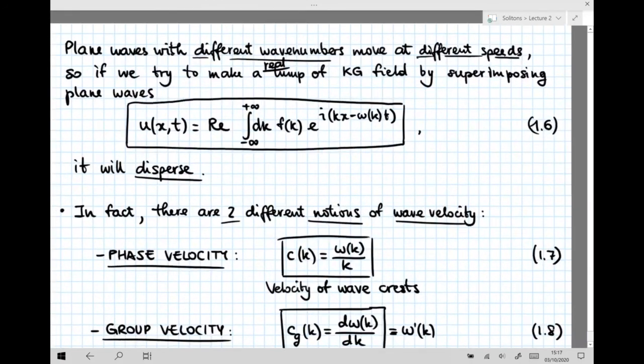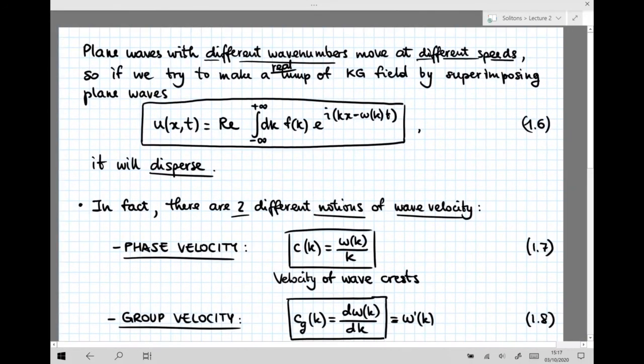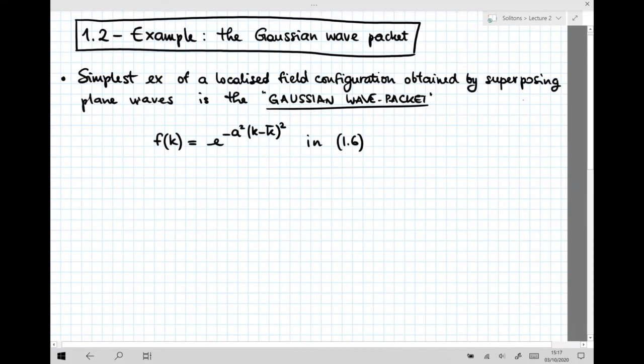In equation 1.6, we expressed u as a real part of an integral over Fourier modes over wave numbers k. So we integrated the plane waves with the coefficient f of k. Now we've taken f of k to be that Gaussian that is written here. And in particular, we'll take a to be positive without loss of generality and k bar to be real.